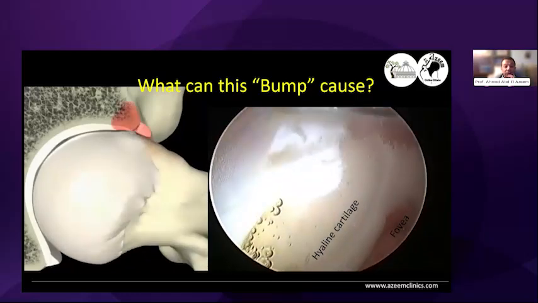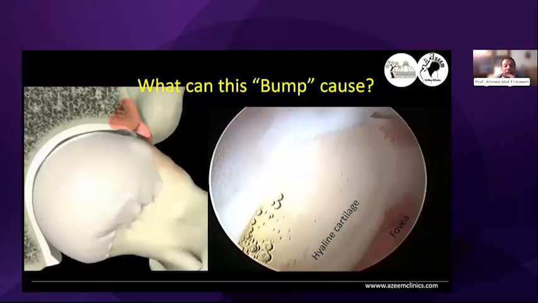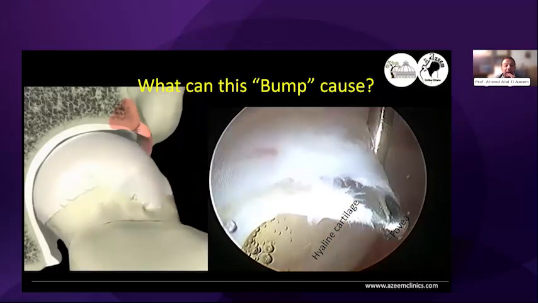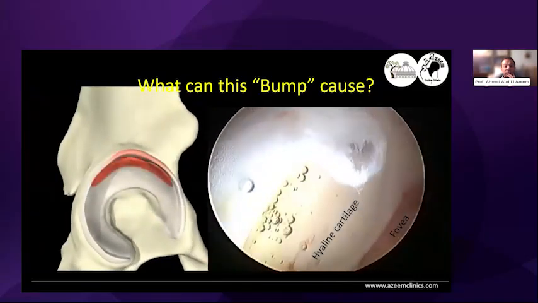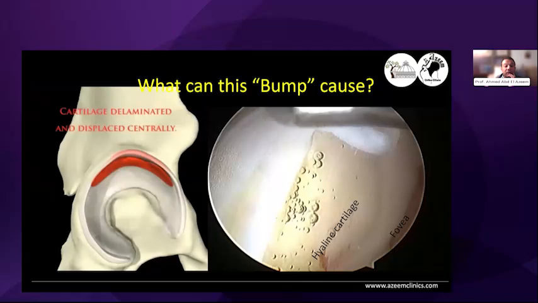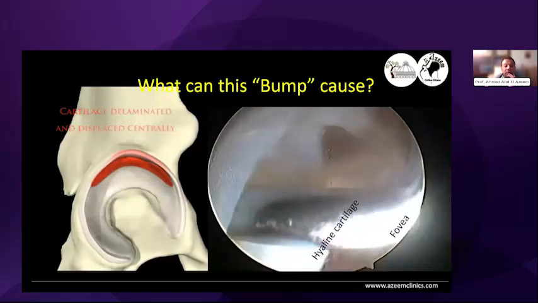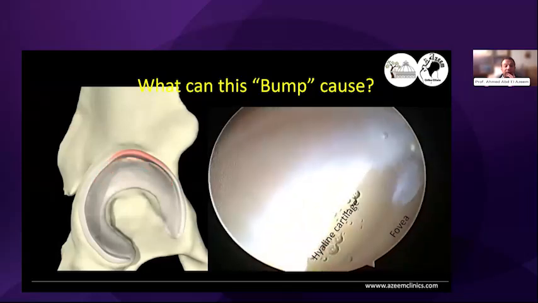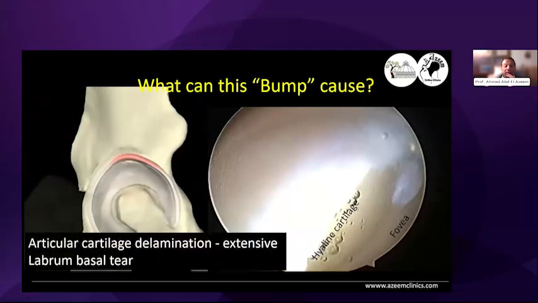As you see in this video, the base of the labrum is torn, as well as a shearing effect, creating a delamination of the hyaline cartilage from the subchondral bone, creating peripheral cartilage flaps. So actually what happens is a peripheral lesion in which there is an extensive hyaline cartilage delamination together with a basal labral tear.